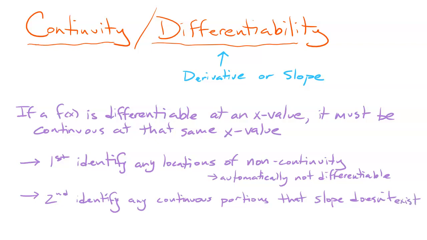The first thing that should come to your mind is a line that is straight up and down. That's an undefined slope, but yet it is continuous. So I'll write a vertical line there. Look for any vertical lines or sharp points.